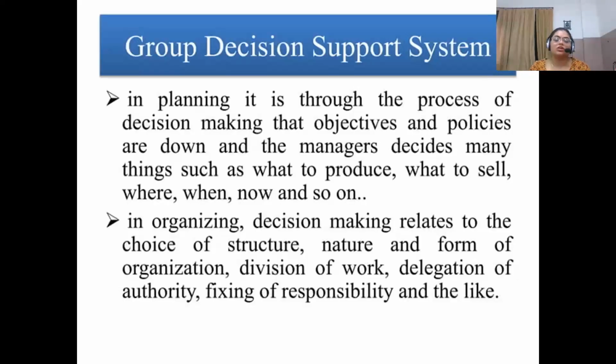So organizing में decision making क्या करता है, वो उससे रिलेट हो रहा है कि हम कौन से स्ट्रक्चर को यूज कर रहे हैं, किस नेचर का है, कैसा हमारा ऑर्गेनाइजेशन का सिस्टम है, कितना कितना वर्क किस किस को कैसे देना है, क्या अथॉरिटीज रहेंगे, रेस्पॉन्सिबिलिटीज कैसे फिक्स होंगी, ये सारी चीजें ऑर्गेनाइजिंग डिपार्टमेंट में फॉलो होती हैं.